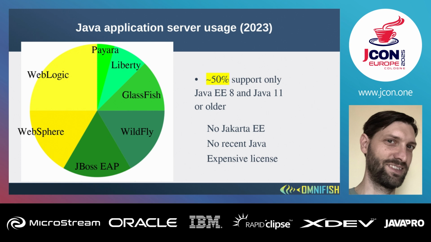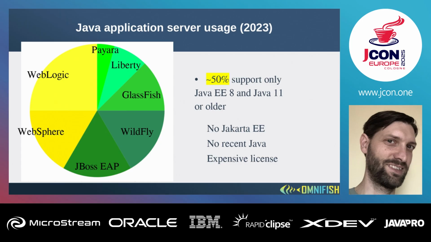They don't support anything else than Java EE 8. There's no way to upgrade their version to run on something newer, to have Jakarta EE. So people are basically stuck with that. And I talked to some people like this. They were not happy. There were some promises that new versions of, let's say, WebLogic will support Jakarta EE 9 or 10, but nothing happened.